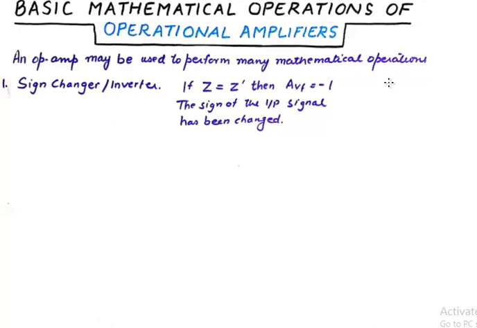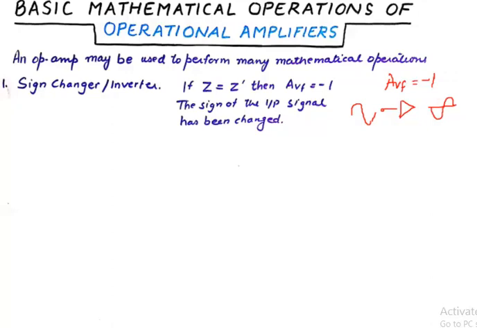The ratio of AVF becomes equivalent to -1, and this goes to show that whatever input that we're giving at the input is inverted by the operational amplifier without any amplification in the signal.